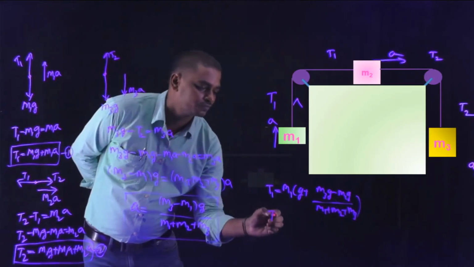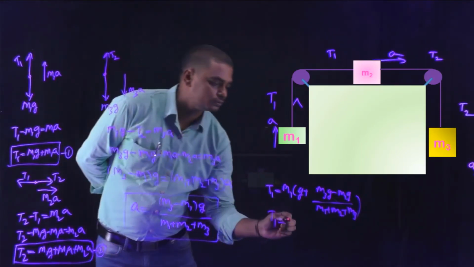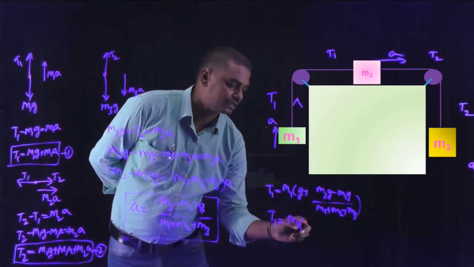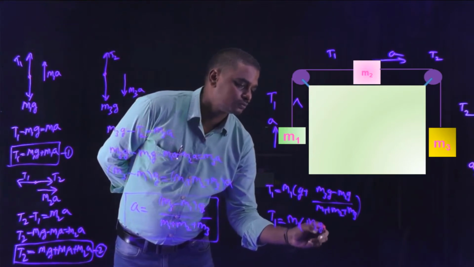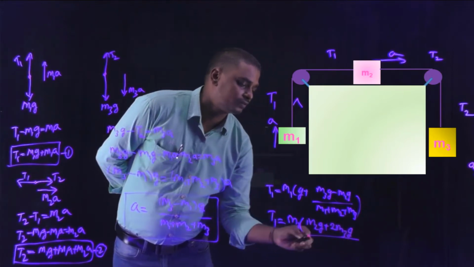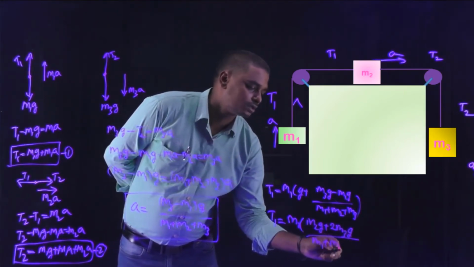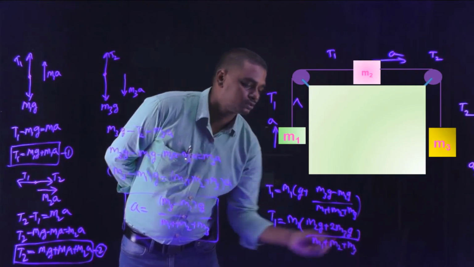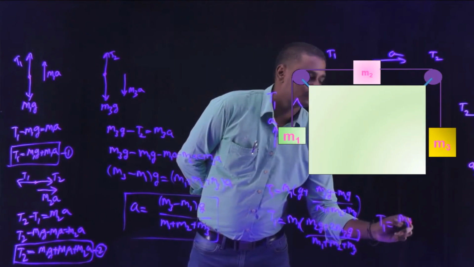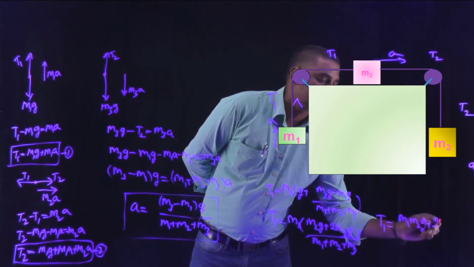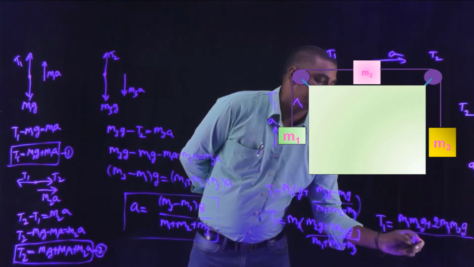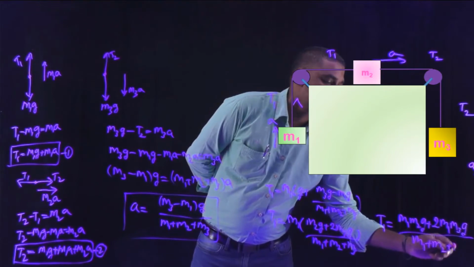So by calculating, we can get T1 is equal to M1 into, M1G gets cancelled, M2G plus 2 M3G divided by M1 plus M2 plus M3, from which the tension in the string T1 is equal to M1 M2G plus 2 M1 M3G divided by M1 plus M2 plus M3.